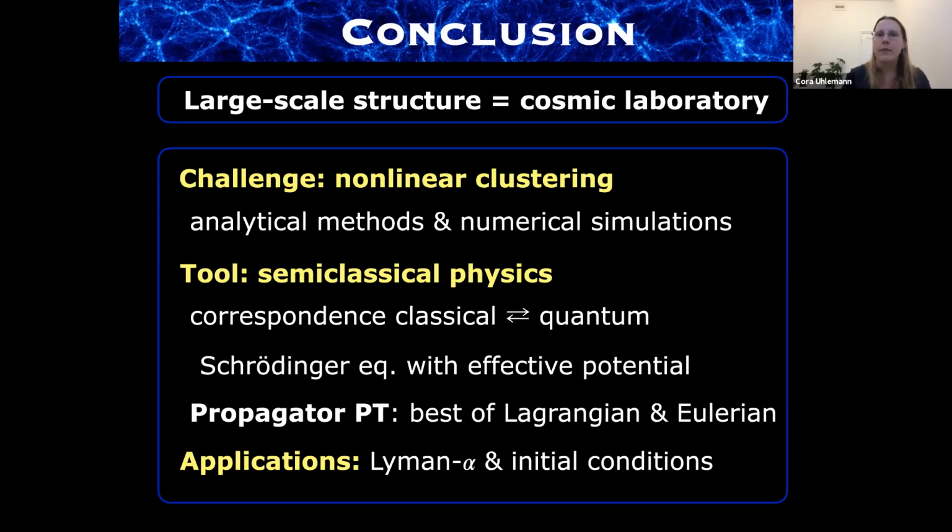So in some sense, this propagator perturbation theory is the best of two worlds, being able to do Lagrangian perturbation theory, but getting Eulerian quantities out of it without much difficulty. And there are two very nice applications. One of them has been recently done by Natalia Porqueras with the Lyman alpha forest. And Oliver will talk about how you can use this formalism to set accurate initial conditions for cosmological simulations based on two fluids.